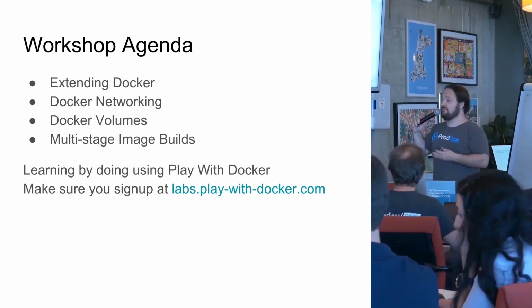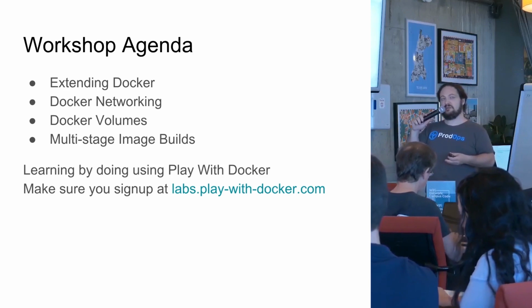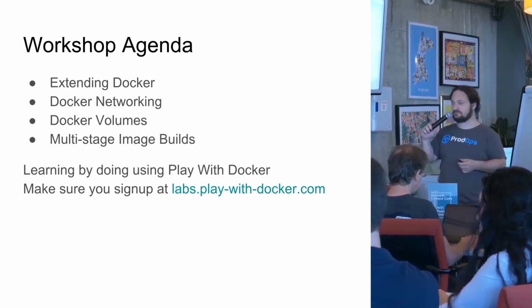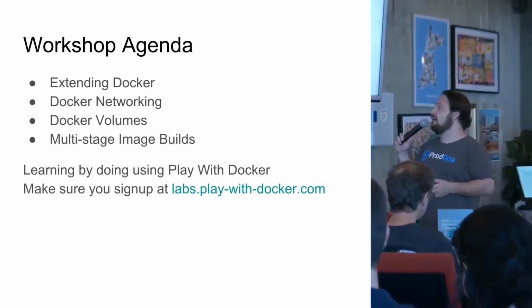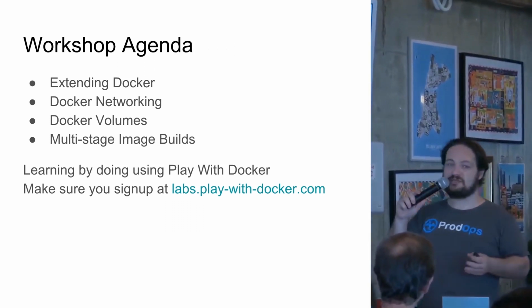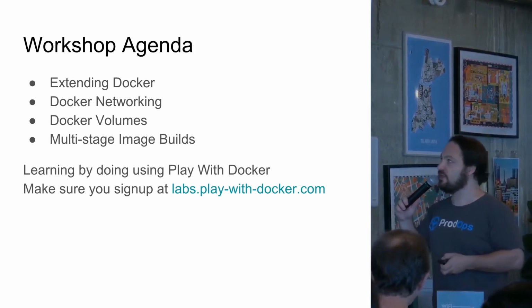We'll touch a little bit on Docker volumes, which is also the possibility to extend Docker to use different kinds of volumes. And hopefully we'll have enough time, I'll teach you how to take an image and make it 1,000 times smaller at the very end.